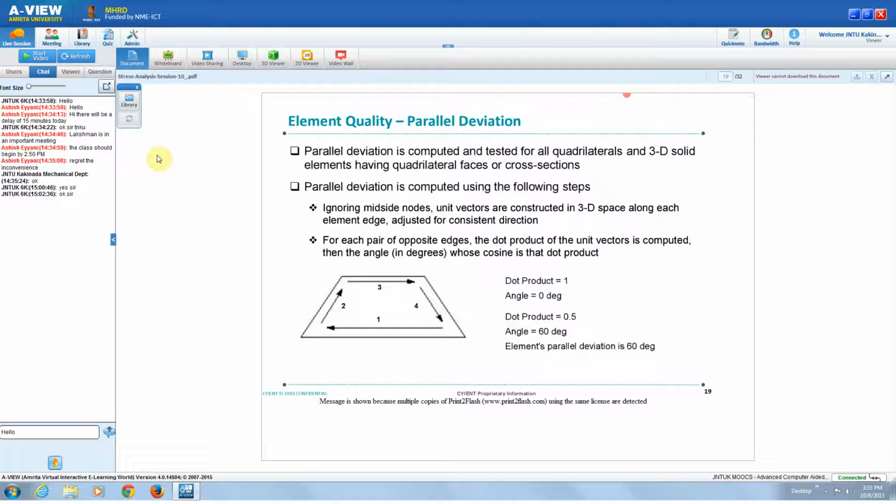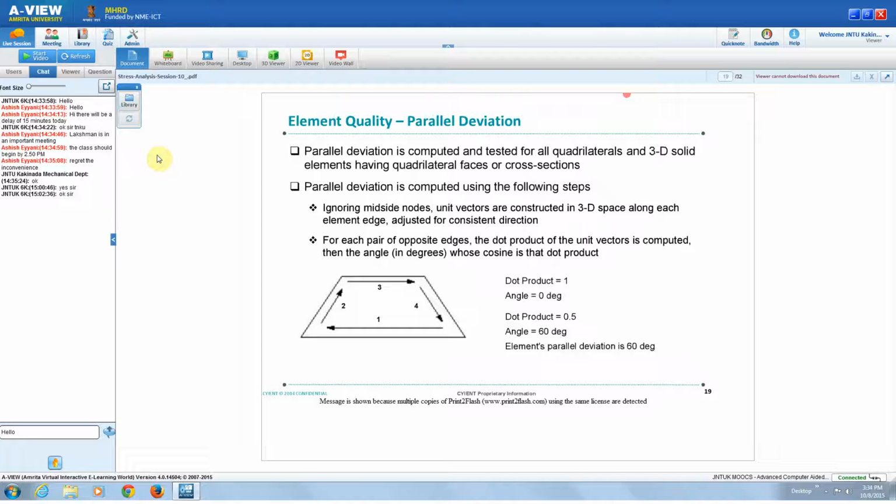Now coming to parallel deviation, which is another shape check. Aspect ratio can be checked for tria and quad, and for 3D for brick, tet, pyramid, and wedges. But parallel deviation can be checked only for quadrilateral elements and 3D elements which have quadrilateral faces. So 2D quad, 3D quad faces.